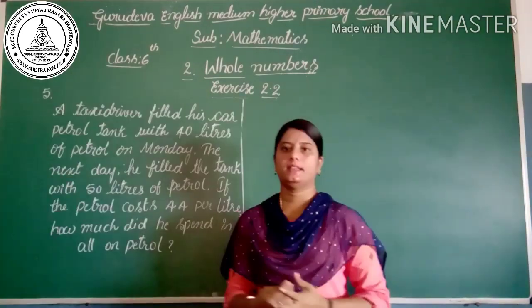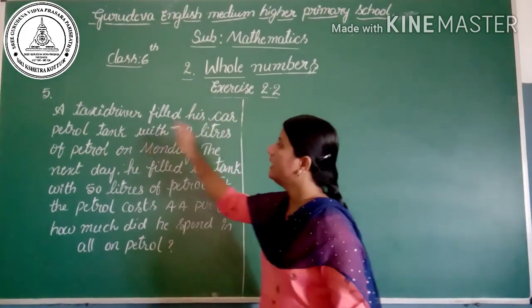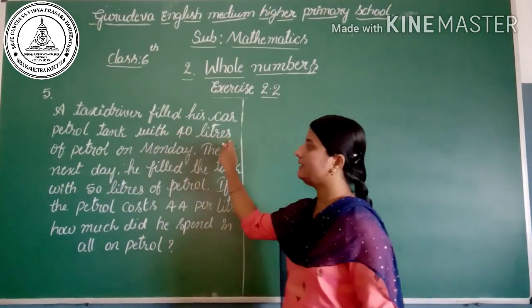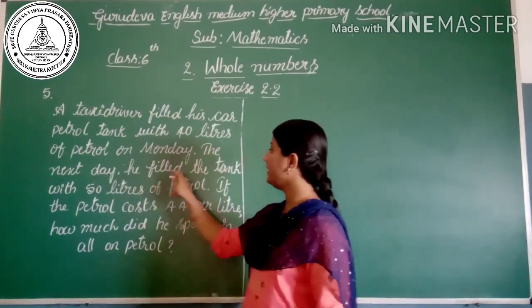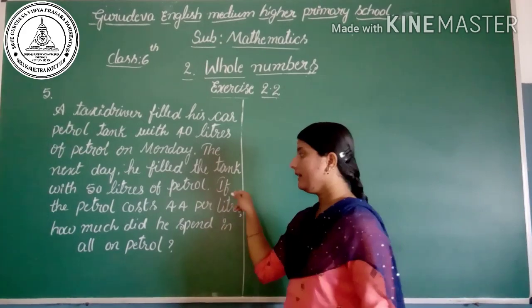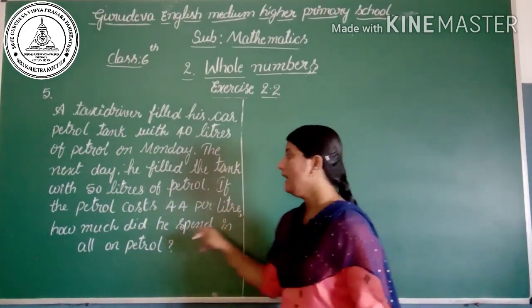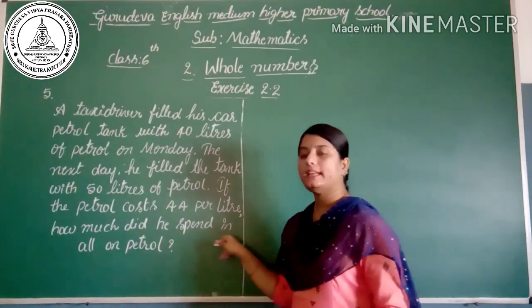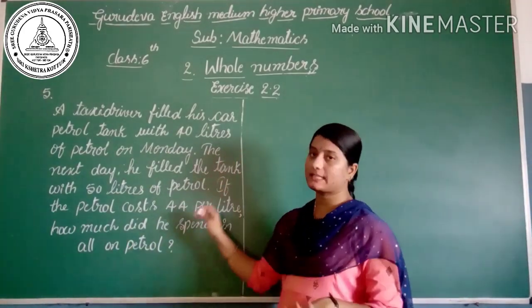The fifth question is: a taxi driver filled his car petrol tank with 40 liters of petrol on Monday. The next day he filled the tank with 50 liters of petrol. If the petrol costs 44 per liter, how much did he spend in all on petrol? You see here there is a taxi driver.